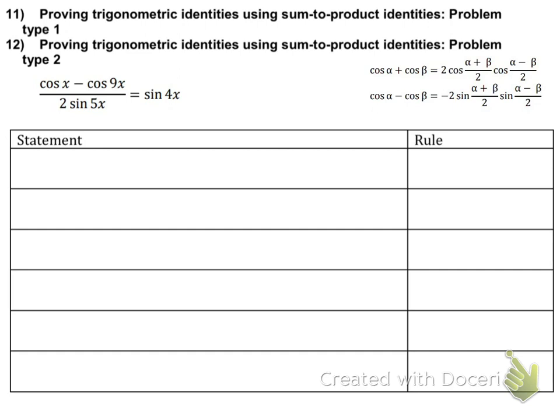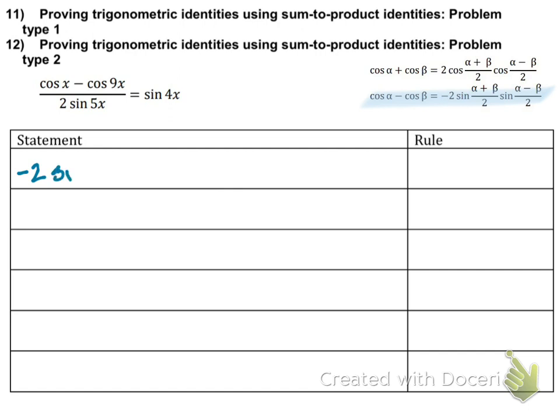So first, when I look at the numerator, I know that I need to use sum to product, right? I don't know how to do that when those angles are different. So I'm using the cosine A minus cosine B, and that numerator is going to change into negative 2. I'm going to rewrite it as horizontal division as I go here.